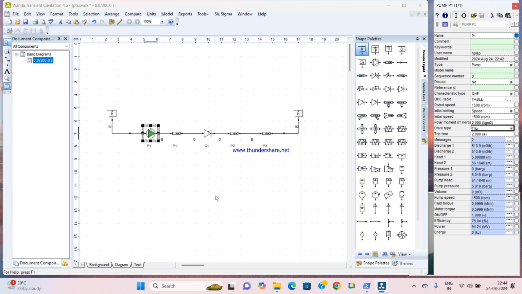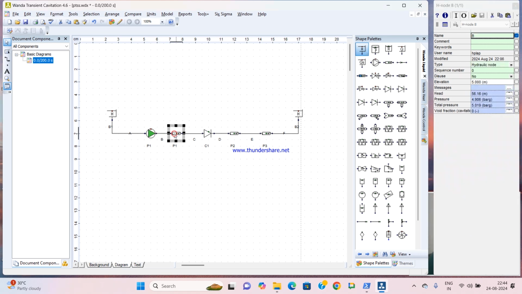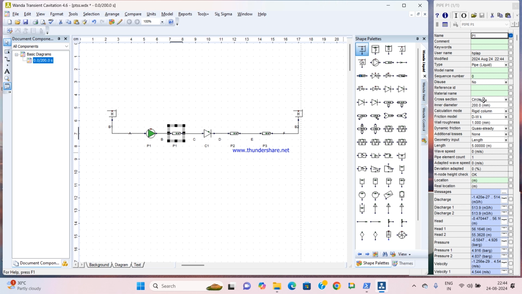This option I have selected, and for this pipe, instead of water hammer, because you have to give the exact wave speed, as in my earlier video, here I have selected the rigid column.